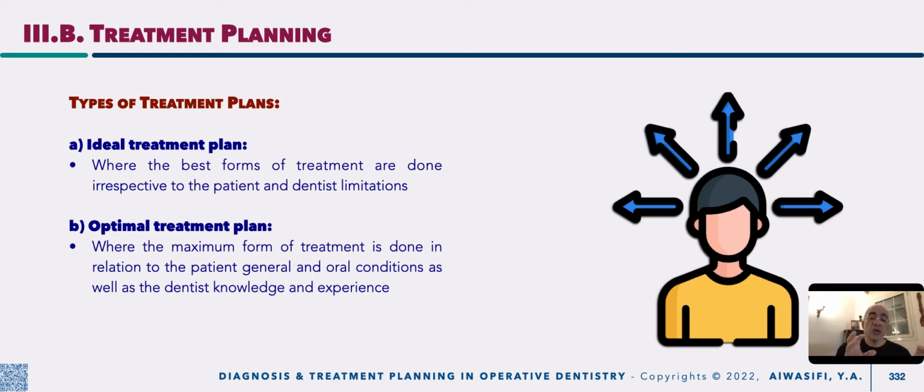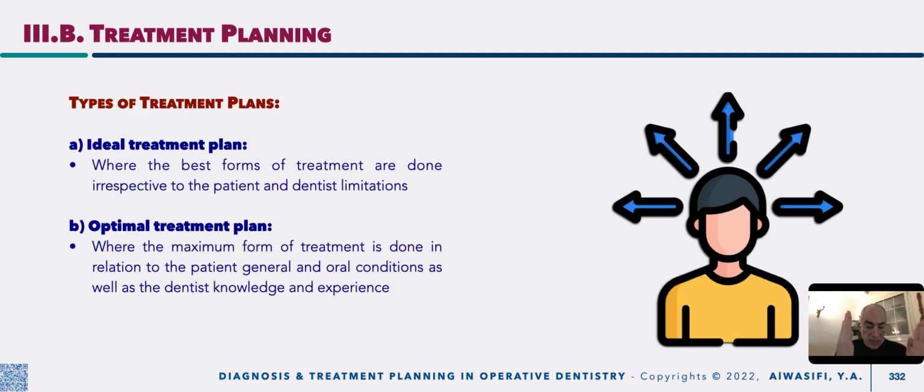That's why we mentioned in the previous slide that there are always alternative treatments. There is no only one option in treatment. If there is one option in treatment, then this is a limitation of the dentist, because he doesn't know any other alternatives. He is focusing on only one way.